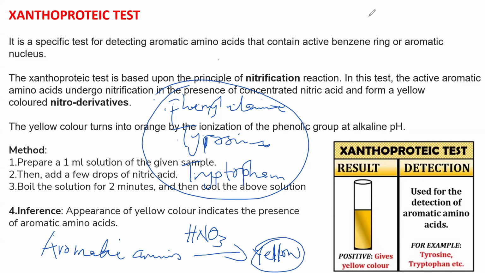For the method, first you prepare 1 ml of solution of a given sample, then you add a few drops of nitric acid, boil it in the water bath for 2 minutes, allow it to cool, and then observe the color.